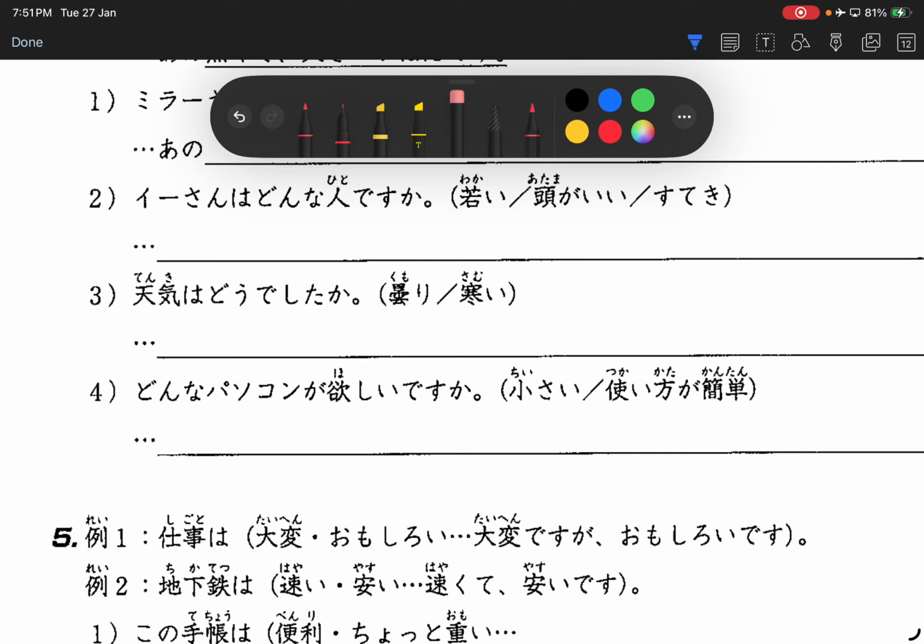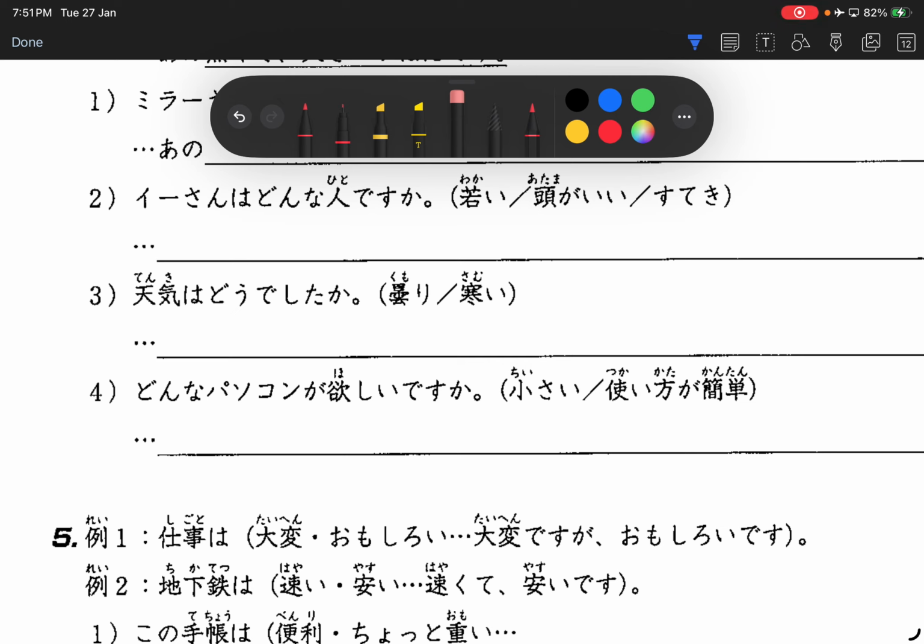Okay, so 寒くて曇りでした。寒くて曇りでした。So what if you want to put the original way around? Right? 曇り is a noun. It means cloudy is a noun. So 曇り. Anybody have the answer?